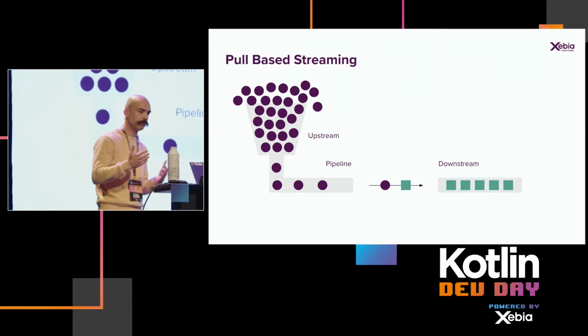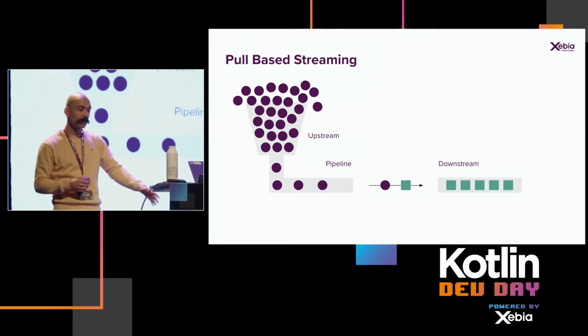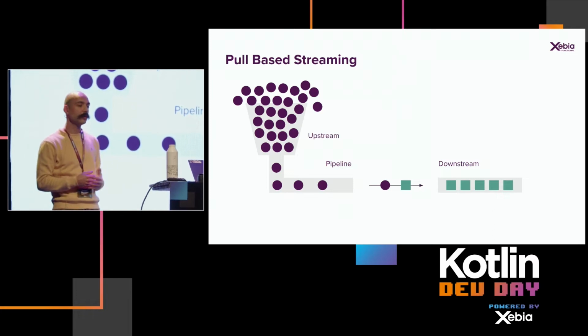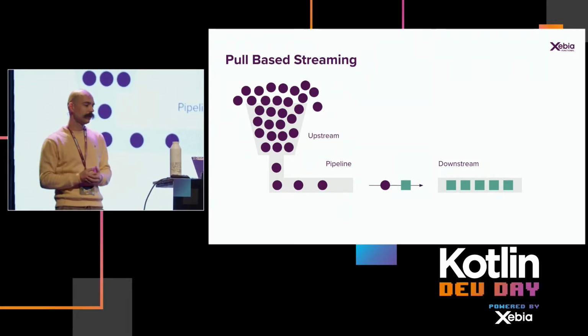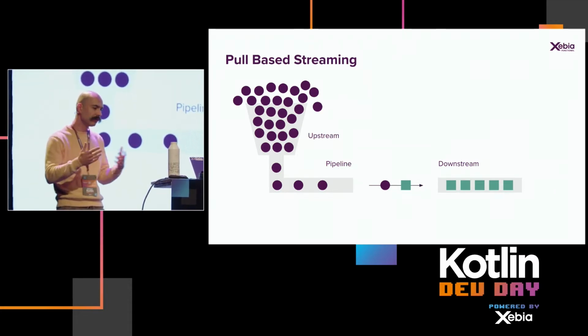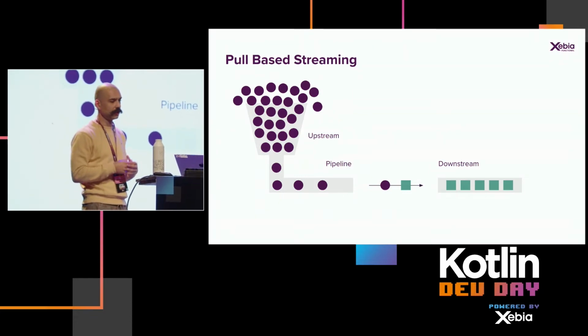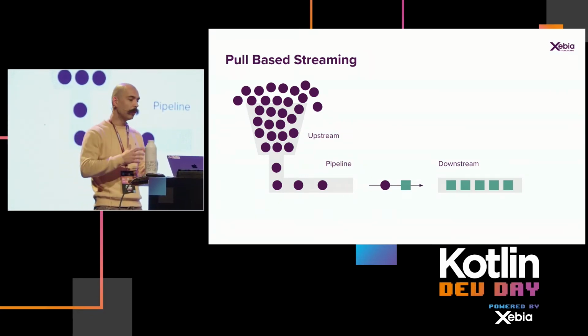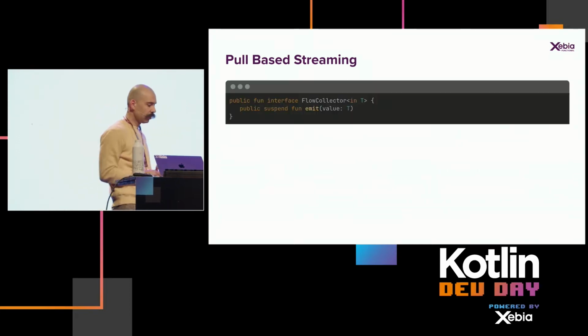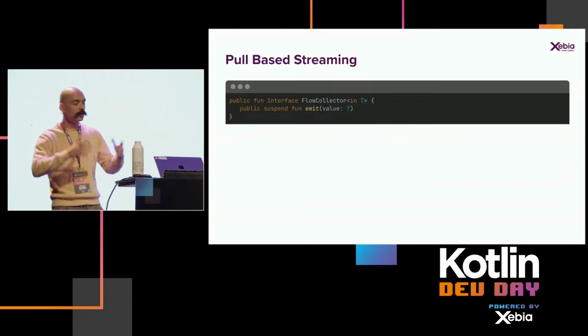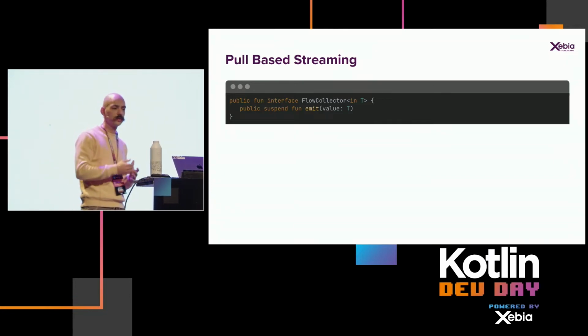So we need a way for the downstream to communicate to the upstream how fast we can process these elements. That is what we call backpressure. And this is probably one of the most complex things that we have to deal with when we are streaming data.